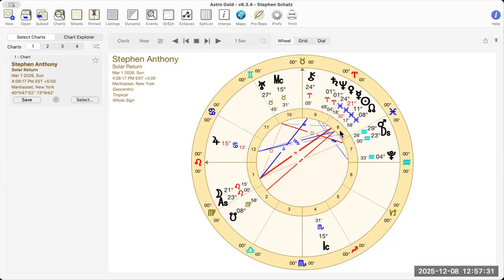And then we have Mercury. Well, we don't have to worry about Mercury retrograde here, even though it's in the eighth house. It's not really a planet that rules me this year, although it is making an opposition to the sun.